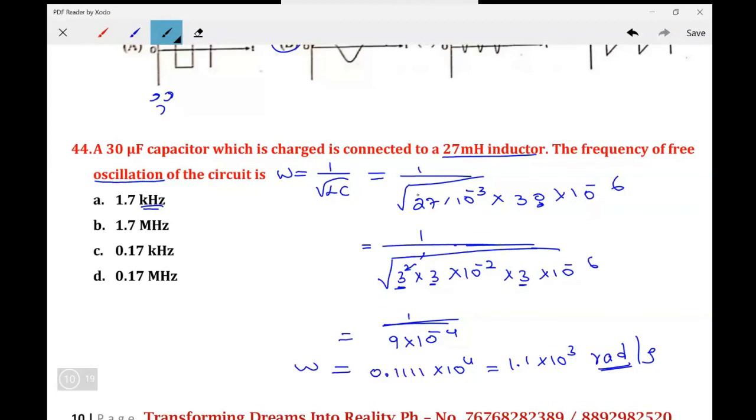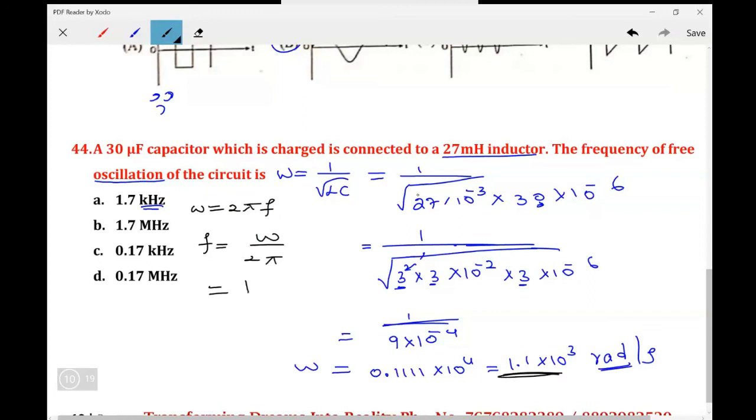So we know that omega is equal to 2 pi F, correct? Therefore F is equal to omega by 2 pi. Usually they won't give you this much lengthy work. Again I am telling you, in the exam the options will be given and you just have to tick the answer. Since this is a question, I am doing it. So omega is 1.11 into 10 to the power of 3 divided by 2 into 3.14.